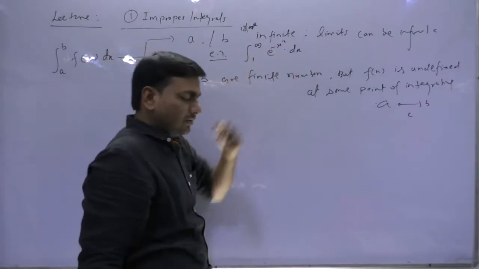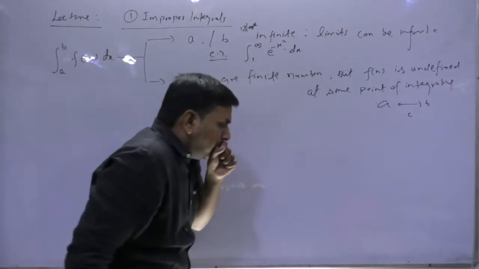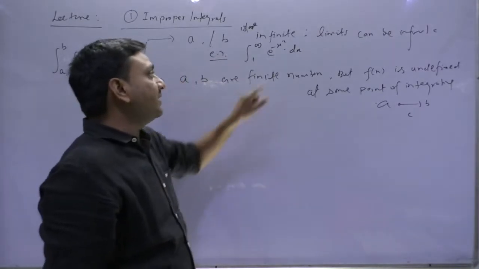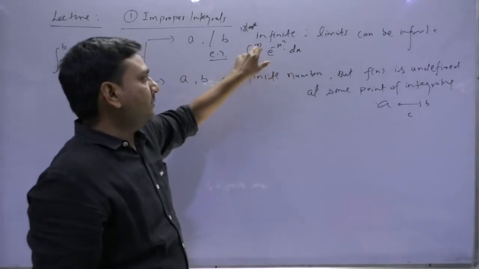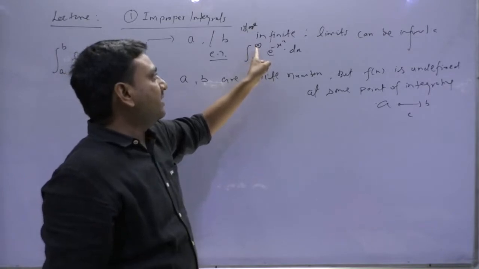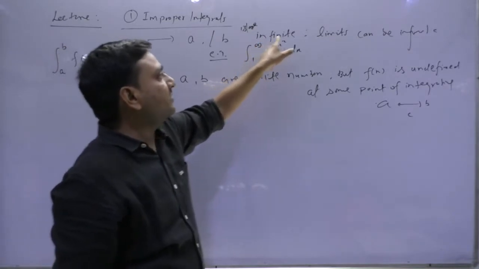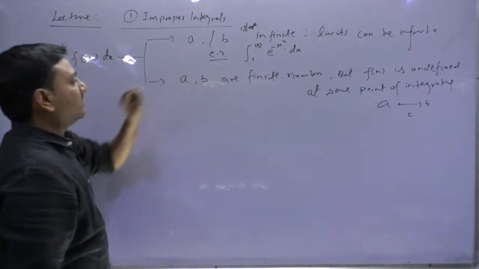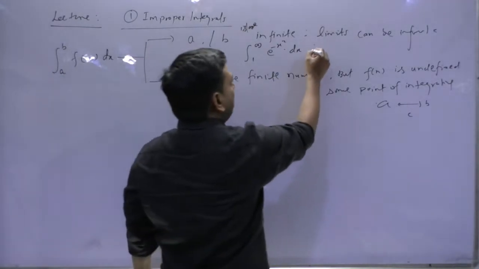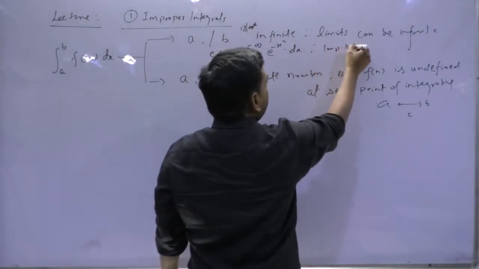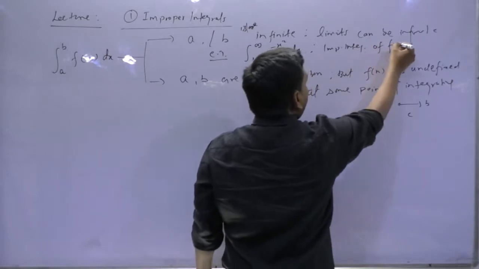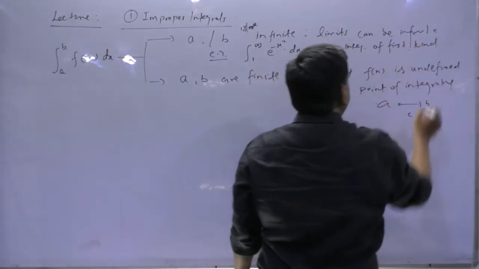The integrand is well defined for the limits of integration, but at least one of the limits of integration is infinite. So this comes under the category of improper integral of the first kind.